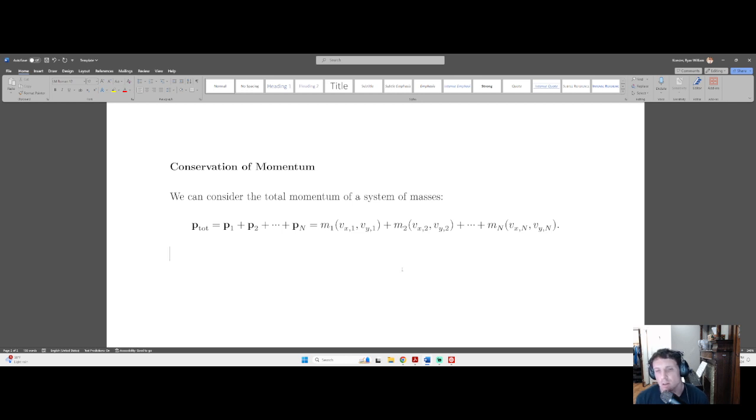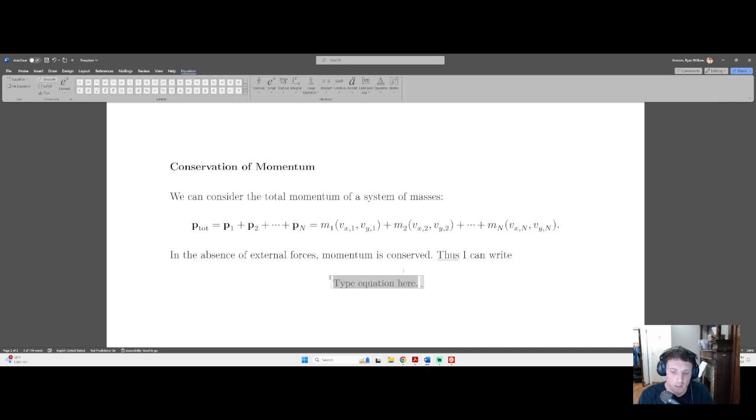The other thing to note is that in the absence of external forces, momentum is conserved. So I can write that the initial momentum equals the final momentum, or maybe P equals P prime, if you want to use the prime notation, which is also commonly used.